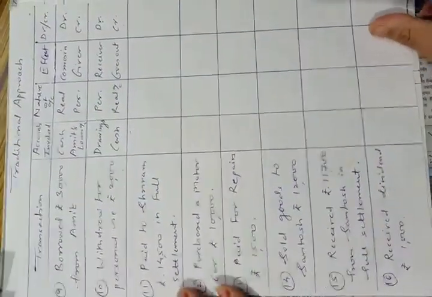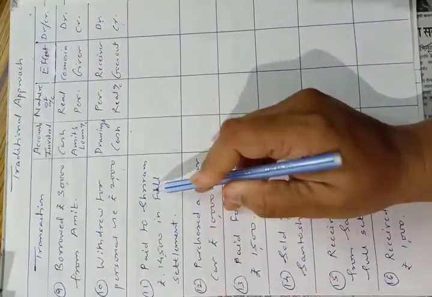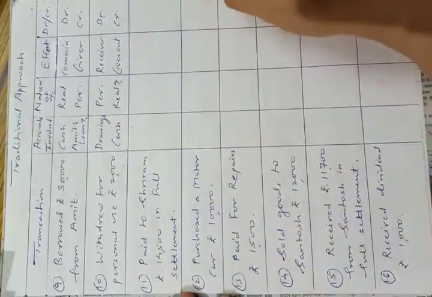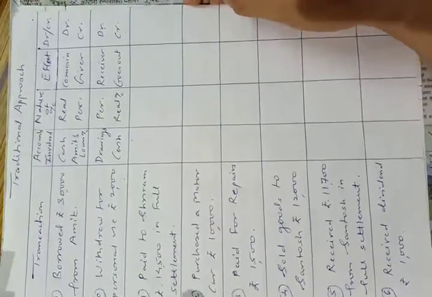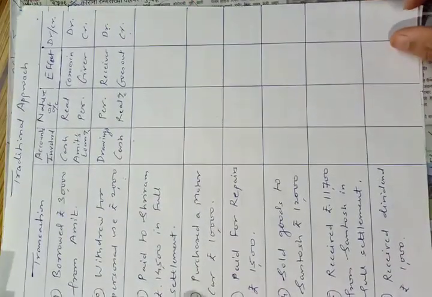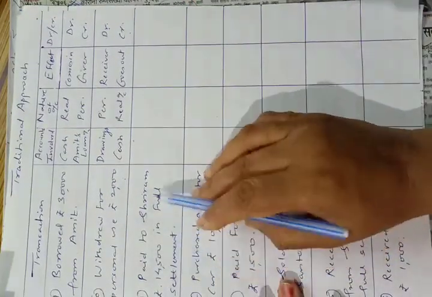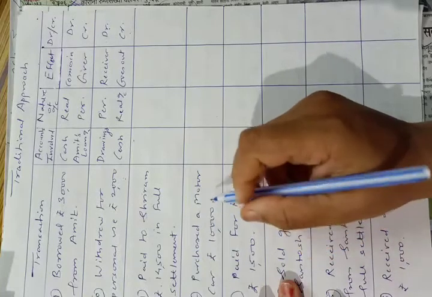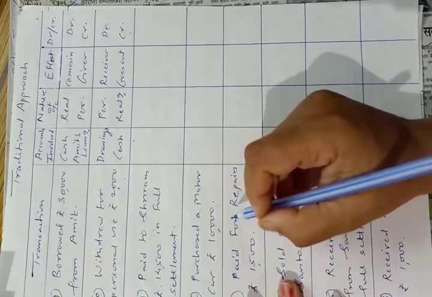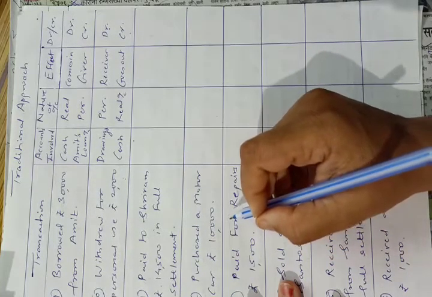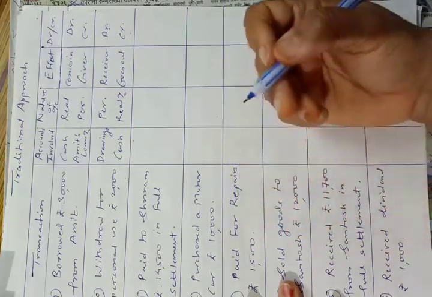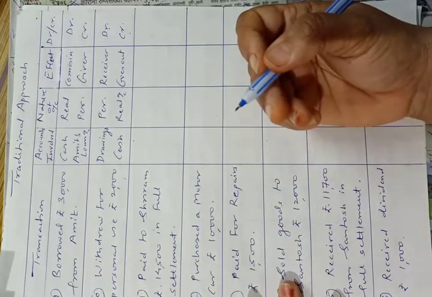Okay, now here we are paying rupees 14,500 to Shriram in full settlement. याचा अर्थ 15,000चा हिशोब पूर्ण झाला असं सेटल करून घेऊन आपण 14,500 पेड करतो आहे श्रीरामला. It means Shriram is giving discount to us. Understood?